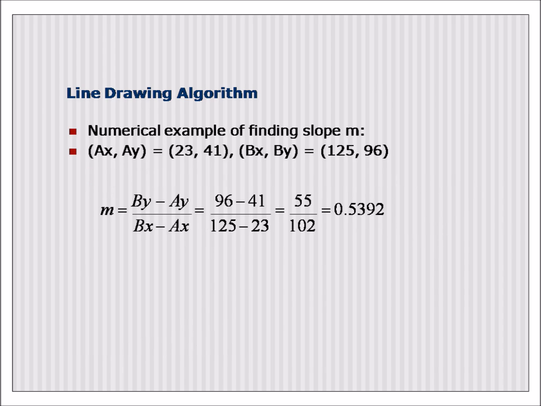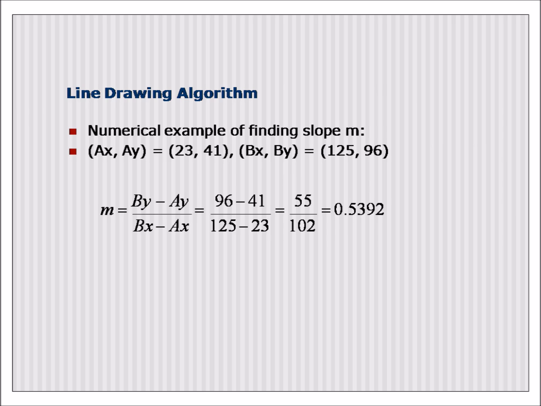In this slide, an example is presented in order to calculate or find the slope m. That is, if we are given 2 points, ax comma ay equal to 23 comma 41, which is the starting point of the line, and the other point, bx comma by equal to 125 comma 96, which is the ending point of the line.